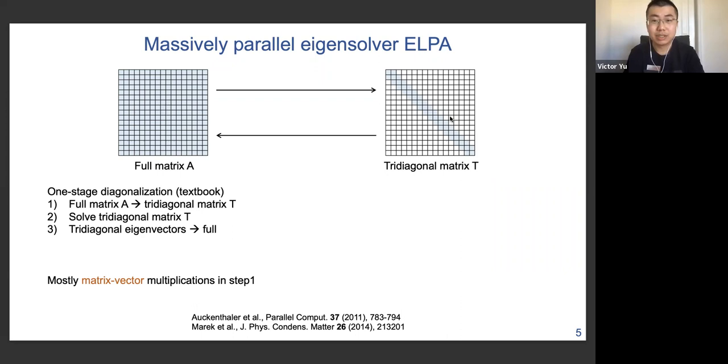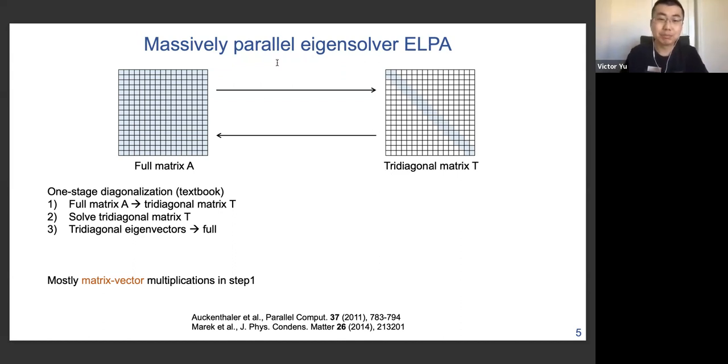From here to here, we basically transform the matrix column by column. We first transform the first column of the full matrix A to the target tridiagonal form, and then we transform the second column and so on. Because the matrix is Hermitian, after we modify the first column, we must apply the transformation also to the first row, which means that the second column cannot start before the first column finishes.